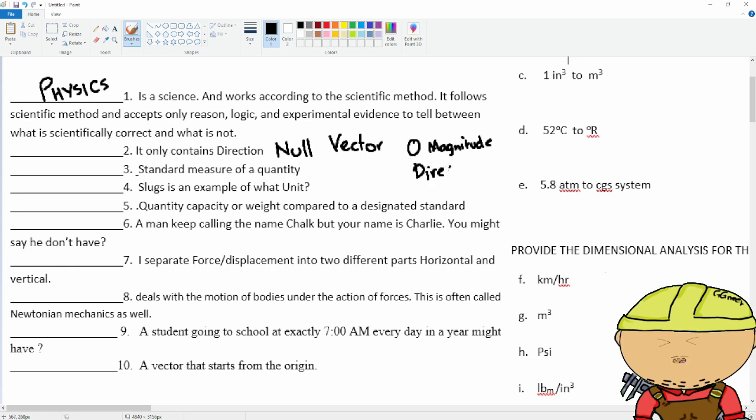So that's what a null vector is. It only contains direction only.